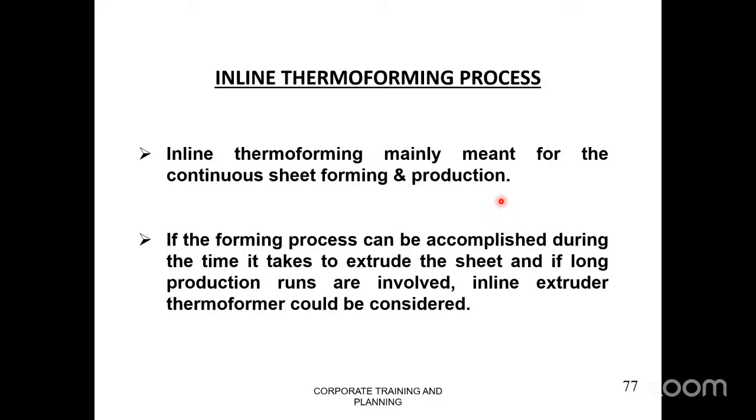Now, there is also the inline thermoforming process. Inline thermoforming process means what, friend? Here, the sheet is often formed directly from an extruder, directly from granules. The sheet is formed in the same plant, and at the same time it goes ahead. Then thermoforming takes place.